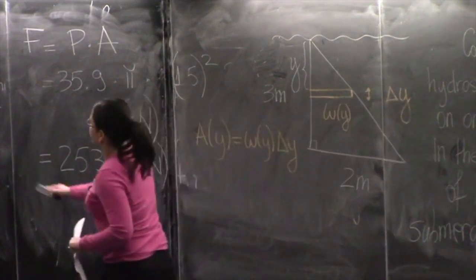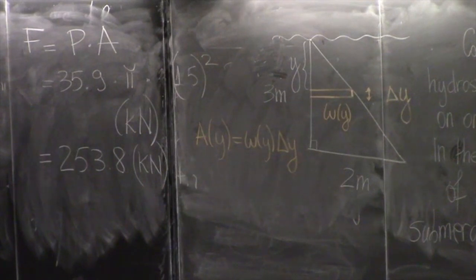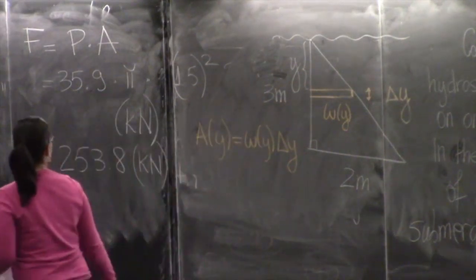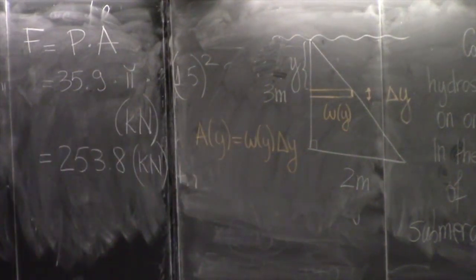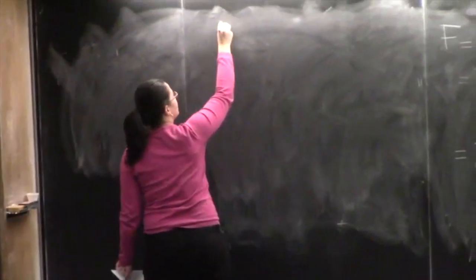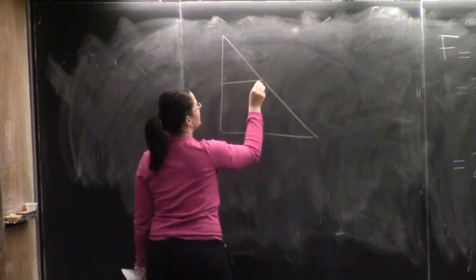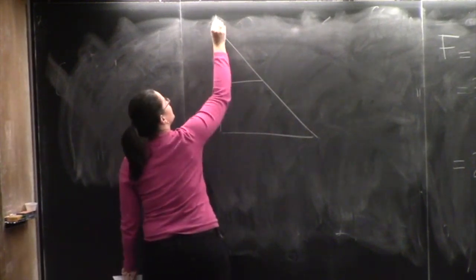So if you have a picture like the one I'm just about to draw, it is something like this. Suppose you have a triangle. This is divided into two similar triangles.